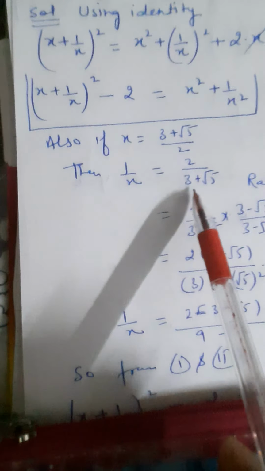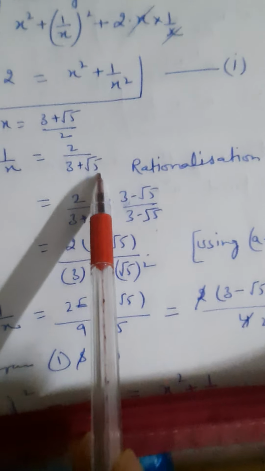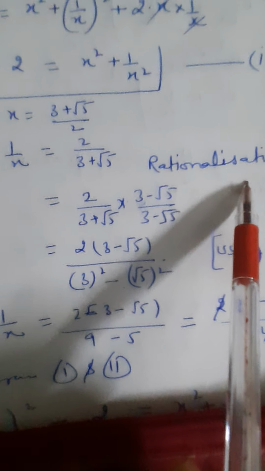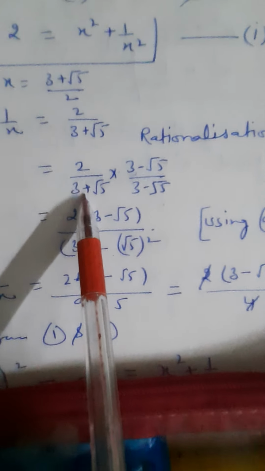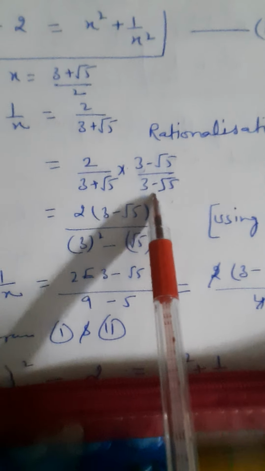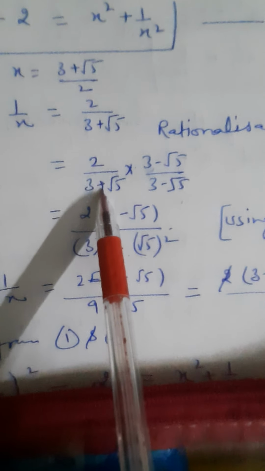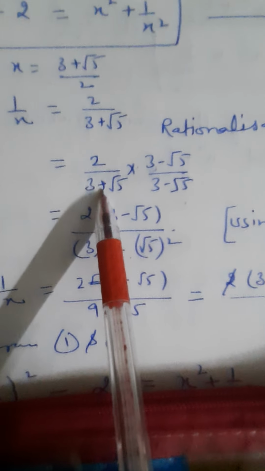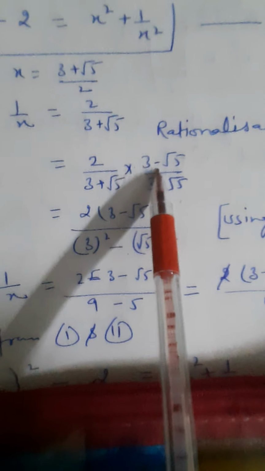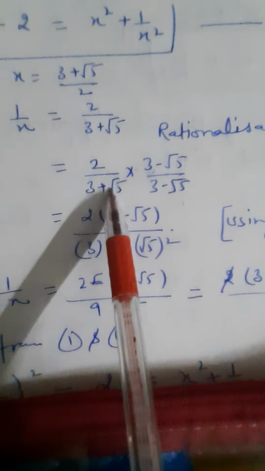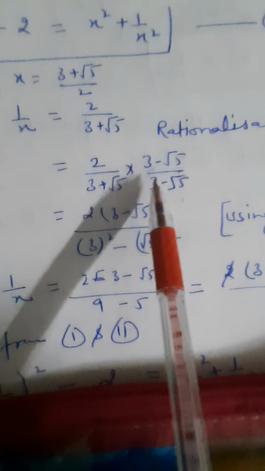Now we have root in the denominator, so we always do rationalization of the denominator. Everybody must be knowing, if here in the binomial we have plus, then while doing rationalization I'll take the reverse sign, that is minus. So 3 plus root 5 will be rationalized with 3 minus root 5.